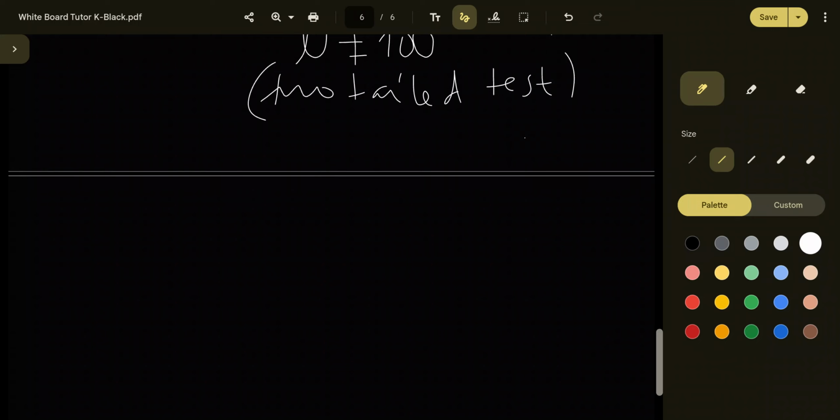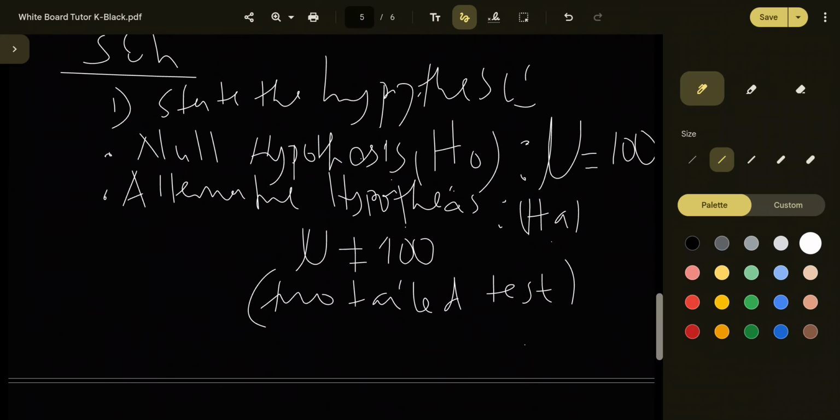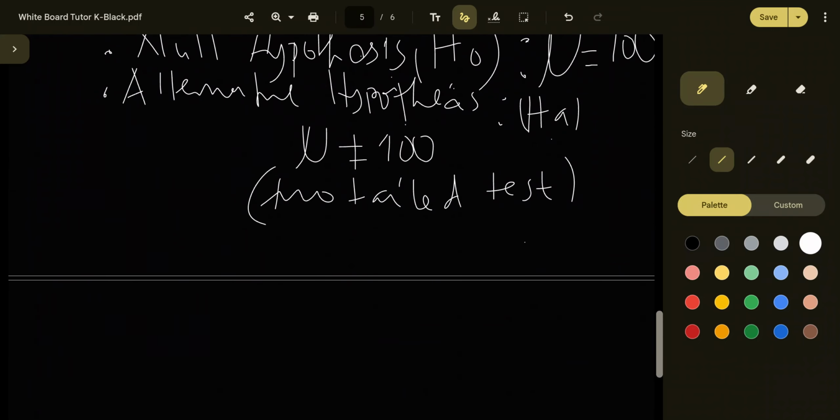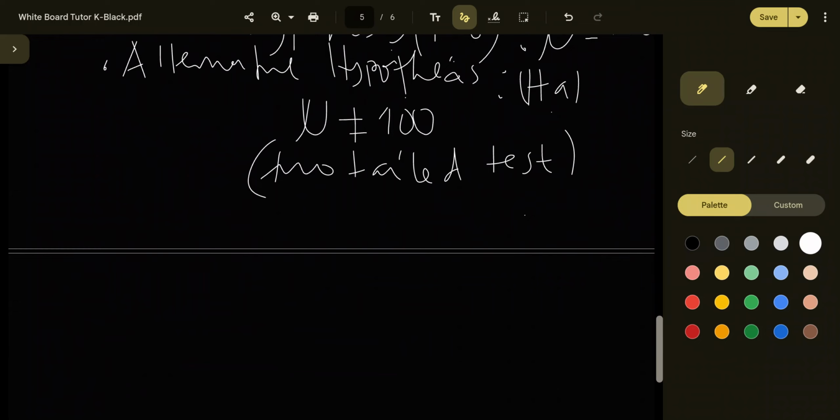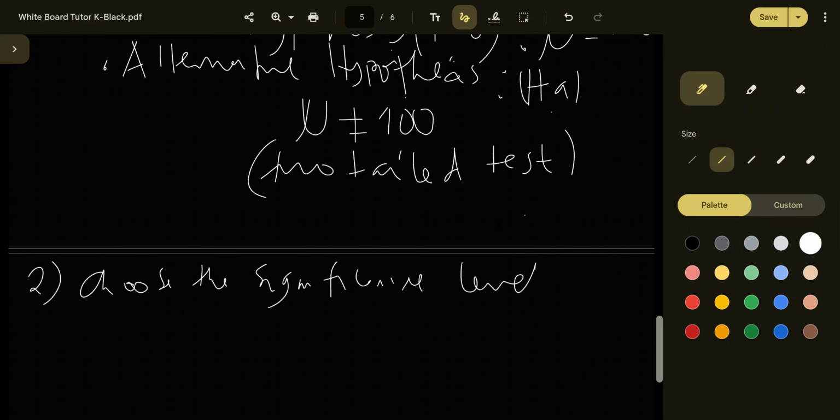Now the first thing, you state the hypothesis, which we've done. We have a mu which is 100, the initial population we are working with. Then the second thing we do is choose the significance level.